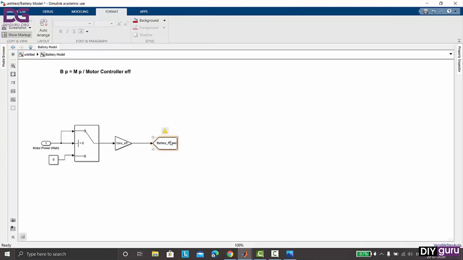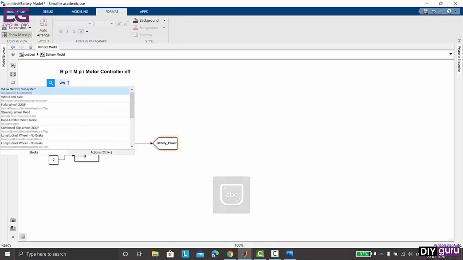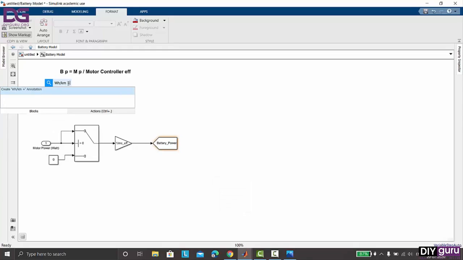We have to integrate the battery power and divide it by lap distance. We will get the motor battery consumption per kilometer, that is in watts per kilometer. So the formula is watts per kilometer is the integration of battery power divided by lap distance, multiplied by 3.6 multiplied by 1000.